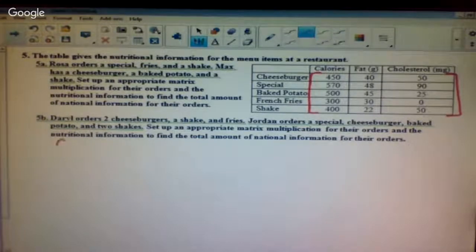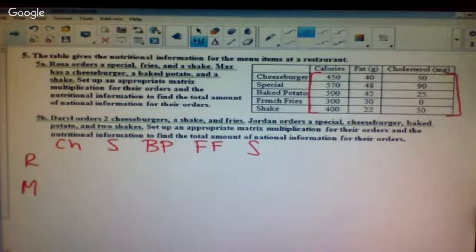Notice cheeseburger comes first, special comes second, baked potato comes third, French fries come fourth, and your shake comes last. Now, you just told me we have Rosa and Max. Those are your rows. Once you create these as your columns, we can use the two people to create your rows. So we're going to put Rosa on top and Max on the bottom.